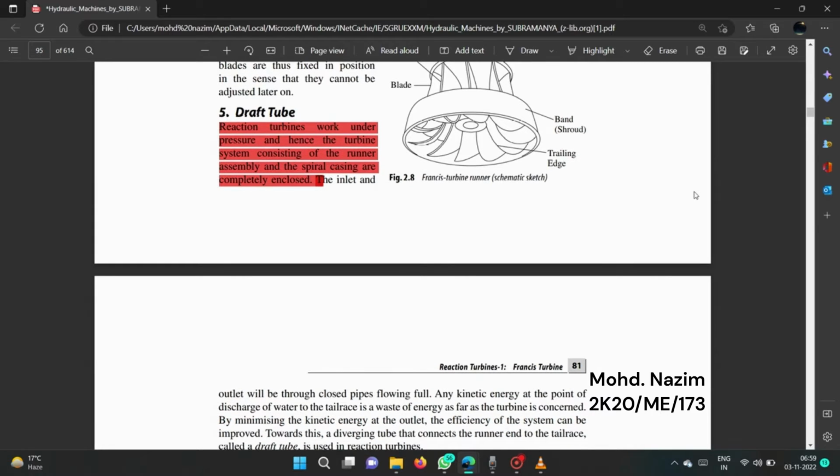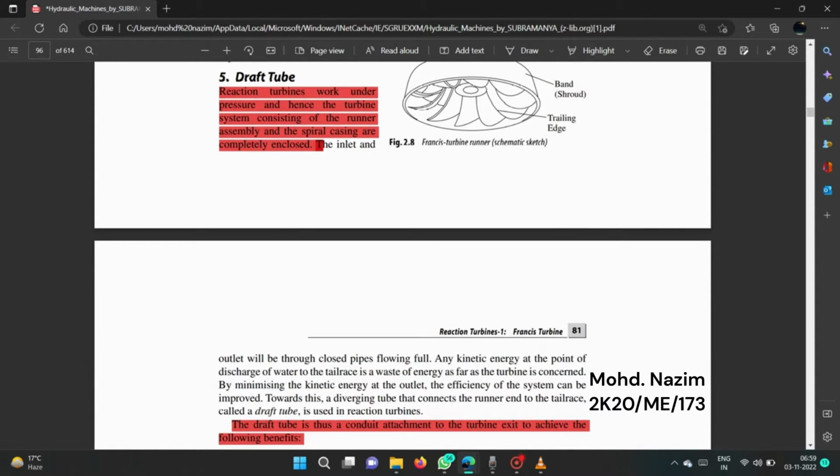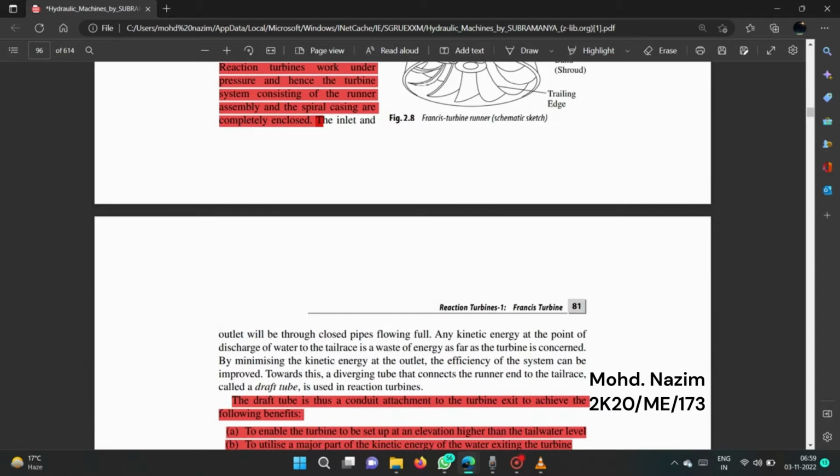The draft tube is one of the components of the Francis turbine. The draft tube is an expanded tube which is used to discharge the water through the runner and the next to the tail race.